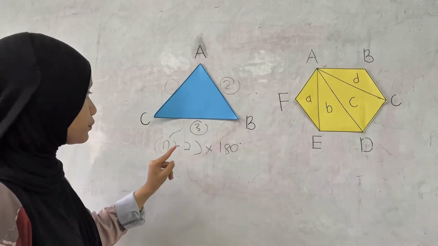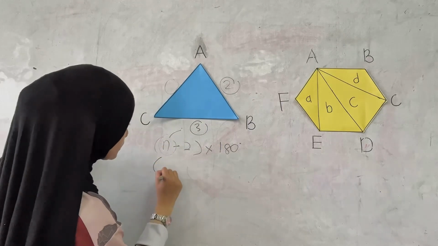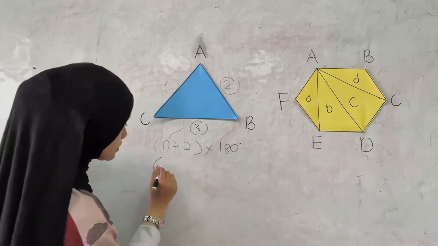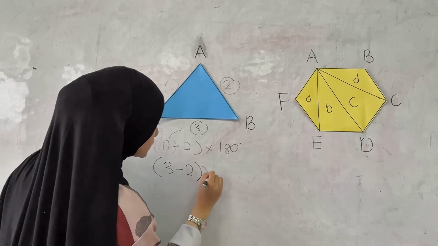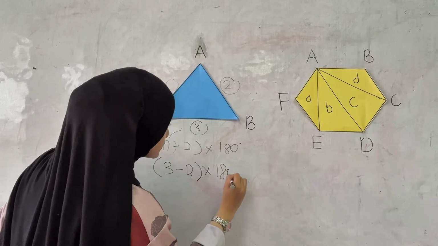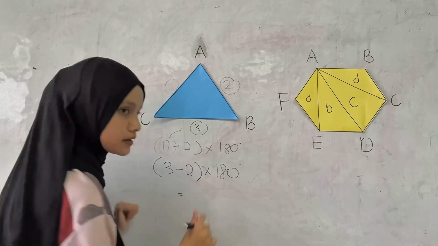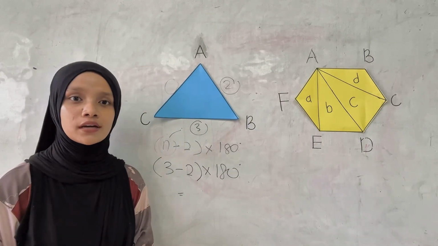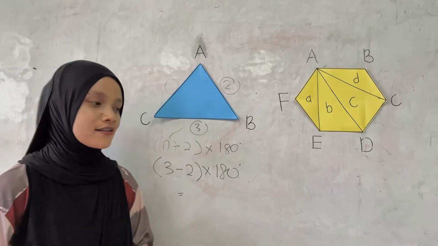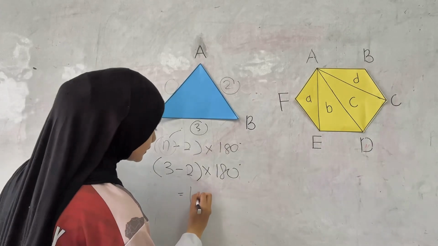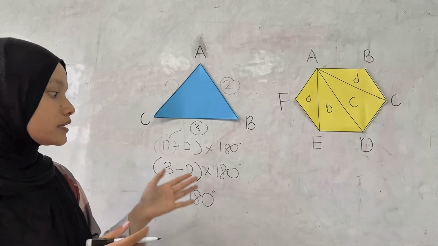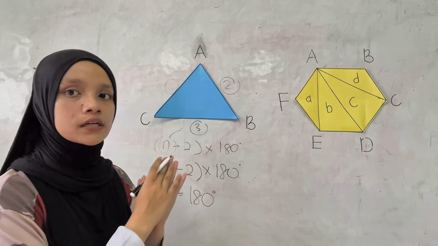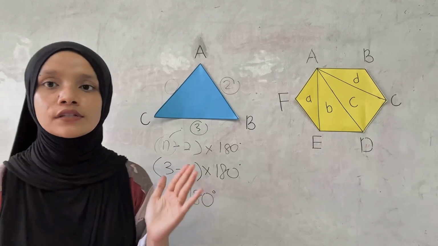So we just write it like this: 3 minus 2 multiplied by 180. Calculate, everyone. What did you get? 180, right? So we got 180 degrees for a triangle. This is the proof of the angle sum of the triangle.